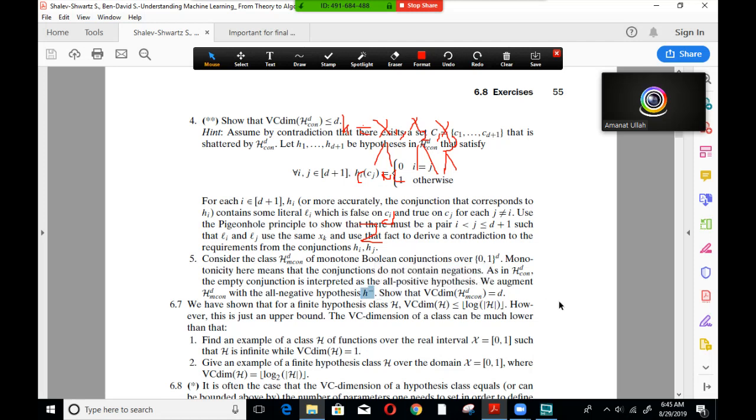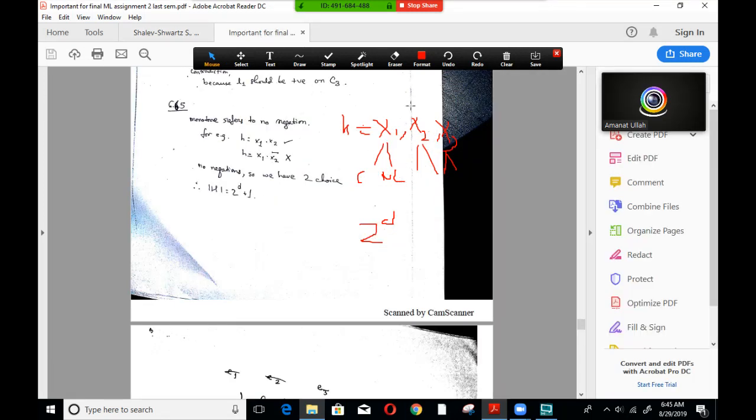So I don't think we need +1 over here, but the +1 is so insignificant, you can always ignore the +1.